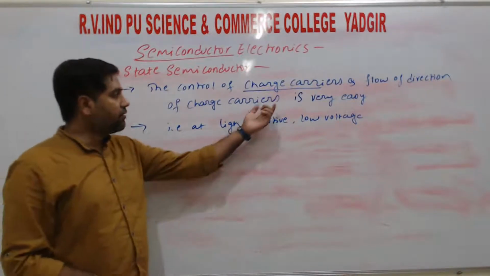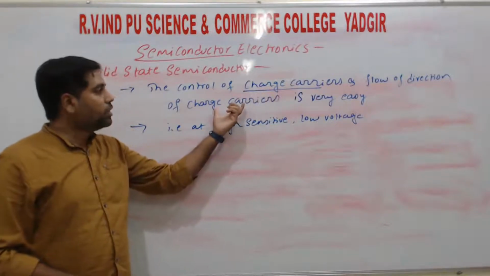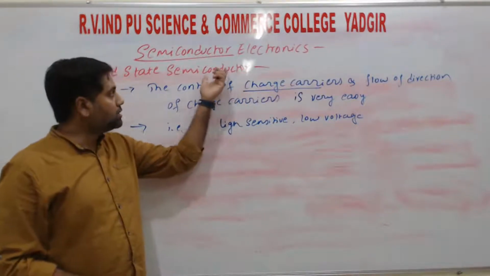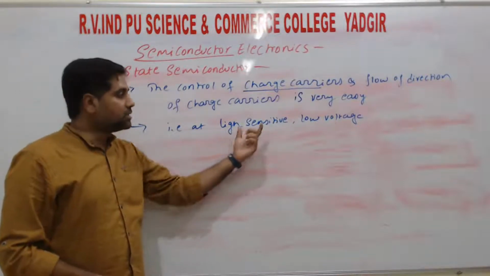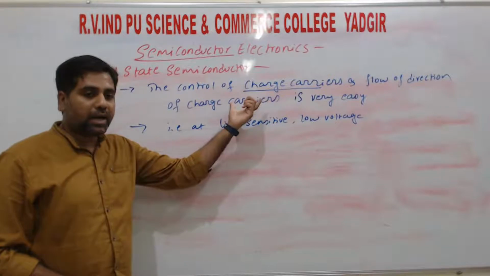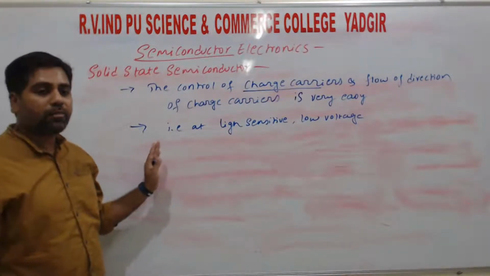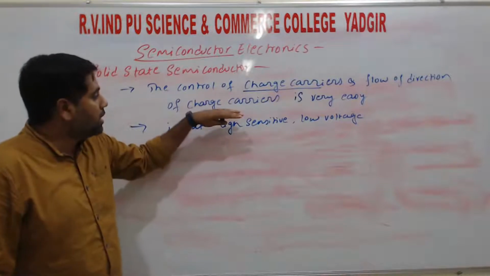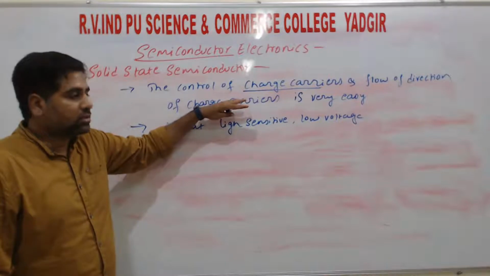So that's why it's very easy to control the flow of charge carriers and also their direction. In semiconductors, the charge carriers can travel in both directions. In vacuum tubes it is only unidirectional, from cathode to anode. Here the charge carriers will flow in both directions, right?